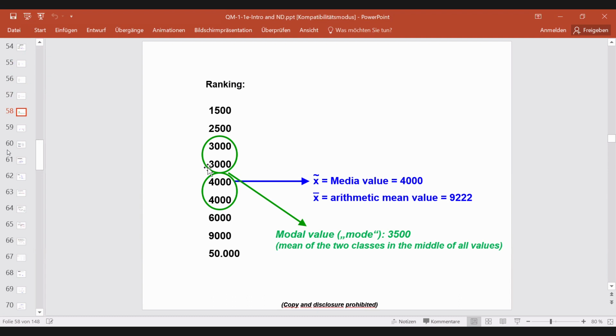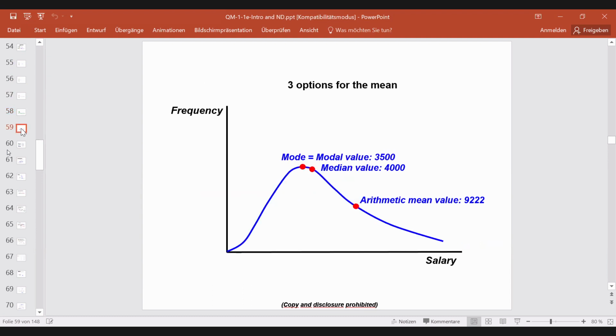This is an inner class here with this 3000, and here you see an inner class of 4000, and the modal value is the mean of the two inner classes. In this case, it is 3500.